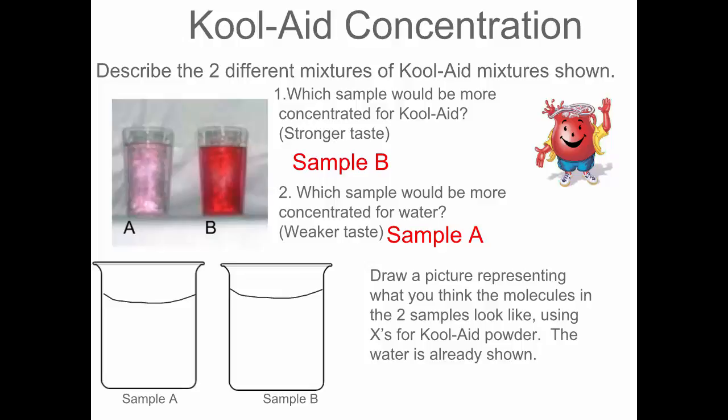If we're going to draw a representation of what this might look like, we have two beakers. They have the same amount of liquid, but sample A has just a few Kool-Aid molecules. Sample B has many more. Therefore, we have different concentrations in those two beakers of water.